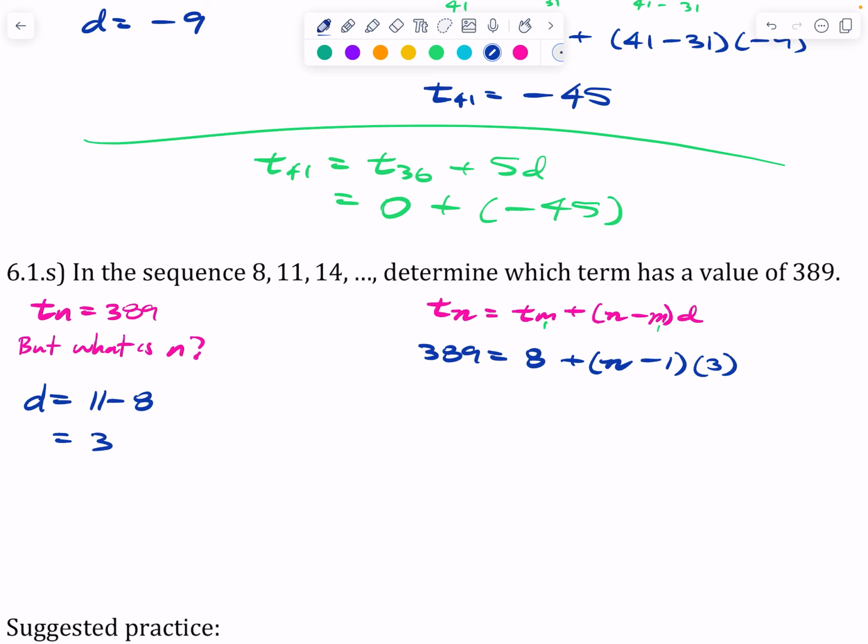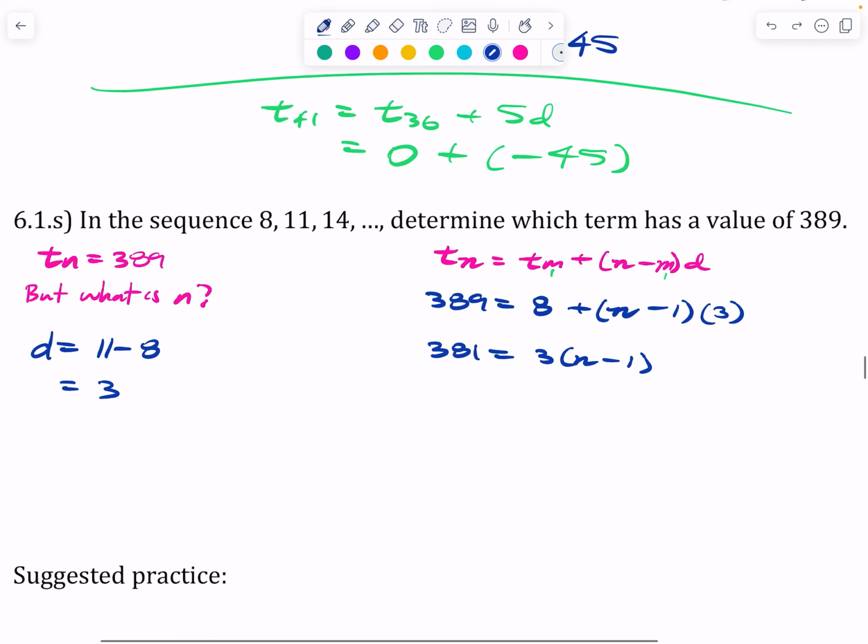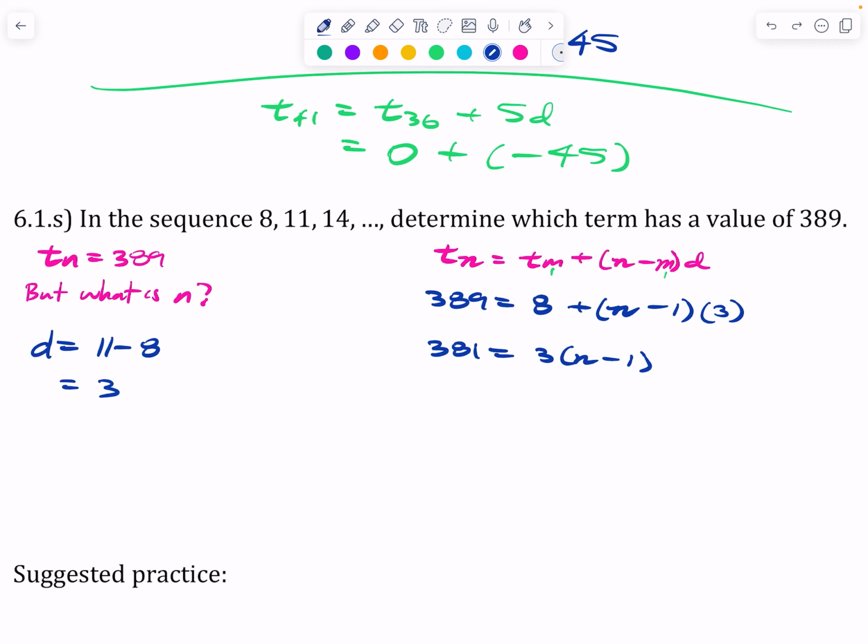You can do it a whole bunch of ways. Make sure you show some of your steps as you go along. I'm going to subtract 8 from both sides. So 381 is 3 times n minus 1. If you are more comfortable distributing this 3 to those terms, then feel free to go for it. Me personally, I'd rather just divide both sides by 3. 381 divided by 3. 300 divided by 3 is 100. 81 divided by 3 is 27.